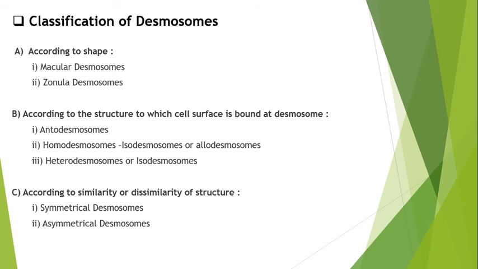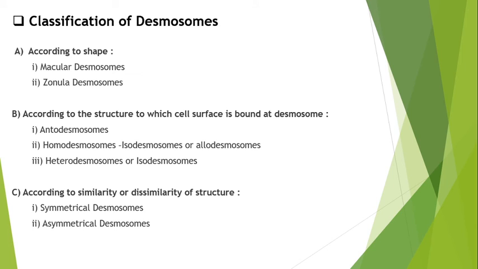Then next one is according to the structure to which the cell surface is bound at desmosomes. First is autodesmosomes. Second one is homodesmosomes, of which there are two: isodesmosomes or allodesmosomes. And third one is the heterodesmosomes or hemidesmosomes.